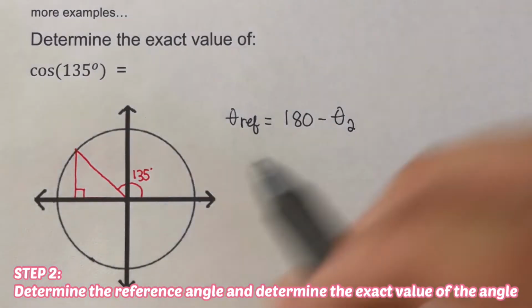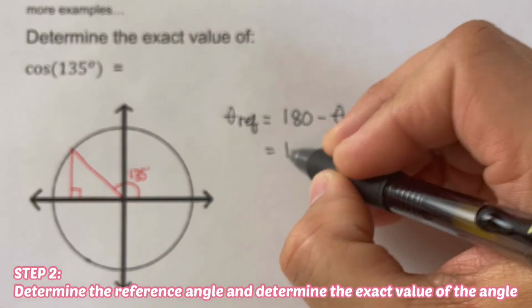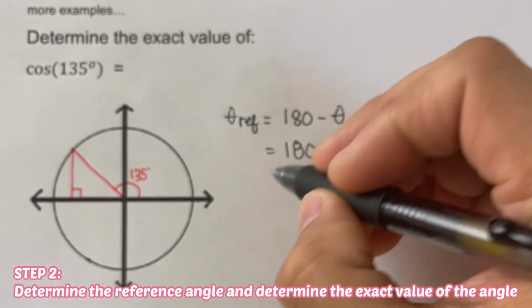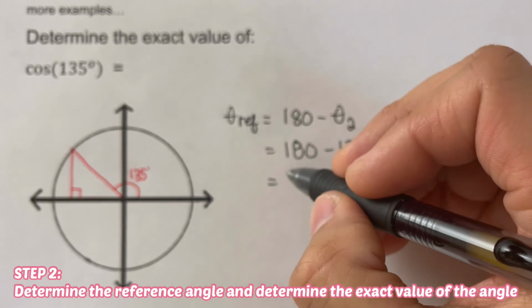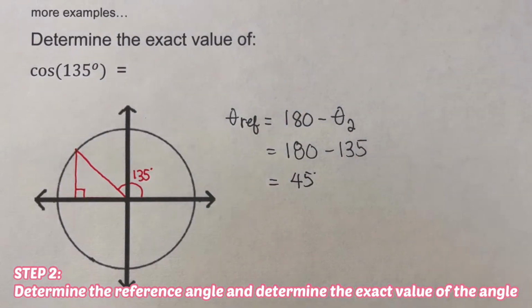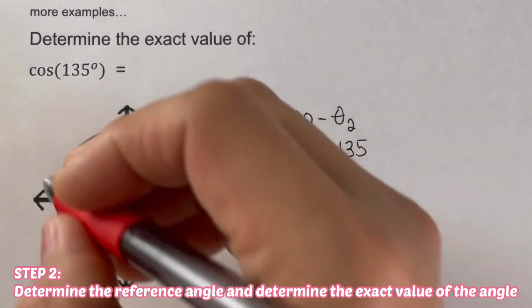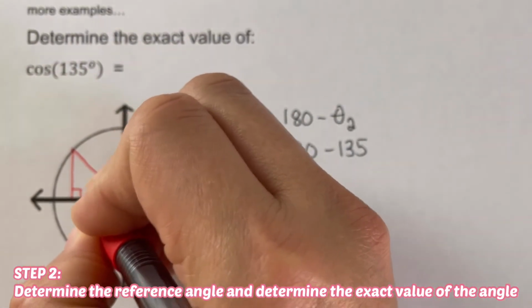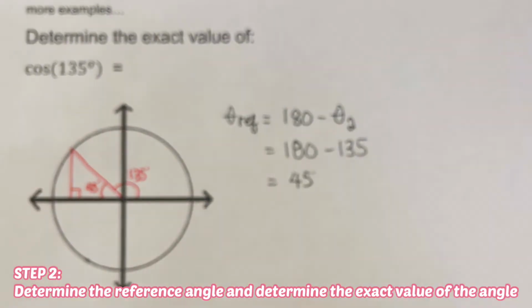So the given angle is 135, so that is 180 minus 135. So then our reference angle is 45 degrees. This means that this corner that we have right here is 45 degrees. So I'm just going to label that as 45 degrees right there.